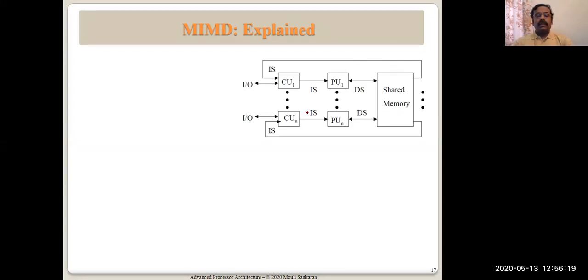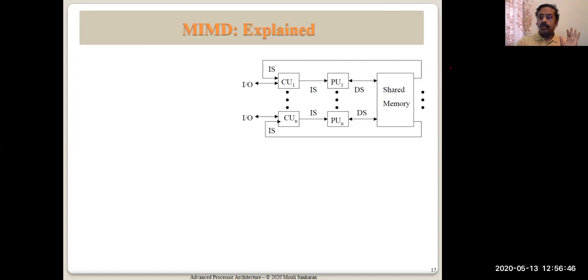I'm sure all of you know that our processor is a multi-core CPU, and it has multi-threading facility, and it runs different programs on different cores. So one core will be running a PPT, one core will be running a browser, one will be running network protocol software. So they are all running different programs simultaneously, operating on multiple data.